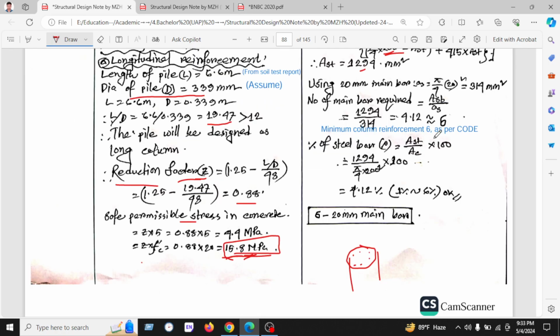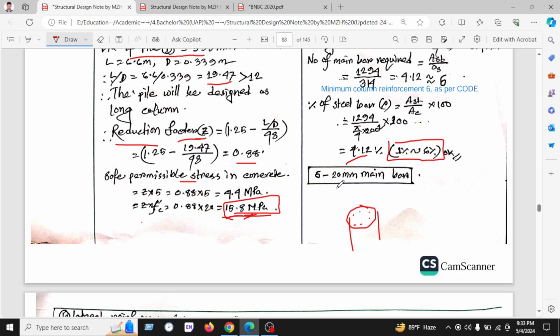Okay, this is the code requirement. So percent of steel bar is As by Ag times 100, which is found 4.12. As we know, for a pile or column the minimum reinforcement is 1 to 6 percent, and we have found 4.12. So this is okay. So 6 numbers of 20 millimeter bars we have used.